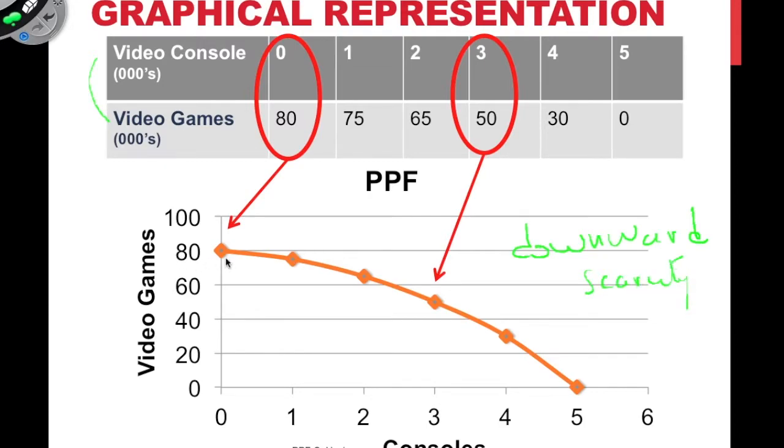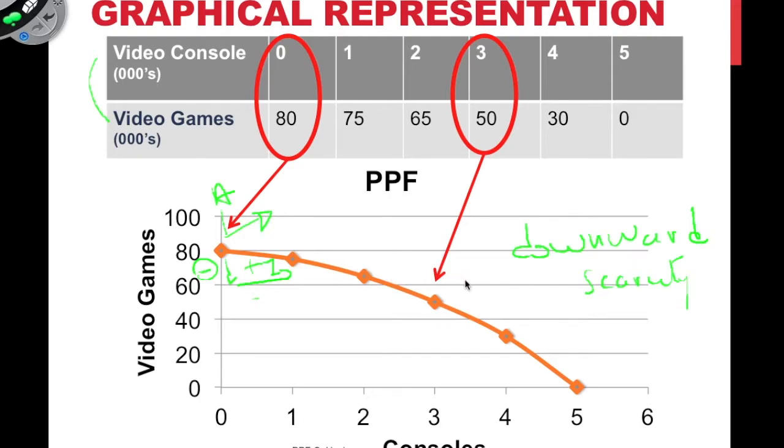You cannot produce more video games and more consoles, so going this way is out of the question. You do not have the resources. Your only option, if you want to add one console, is to lose some video games.